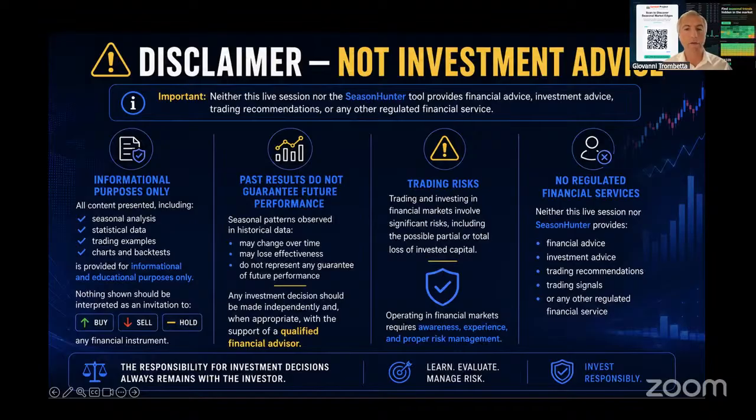A seasonal edge is a probability, very important, not a prediction. Every investment decision remains the sole responsibility of the investor. Trading and investing involve risk, including possible loss or even complete loss of your capital. Nothing shown in this webinar should be interpreted as a recommendation to buy, sell, or hold any financial instrument.